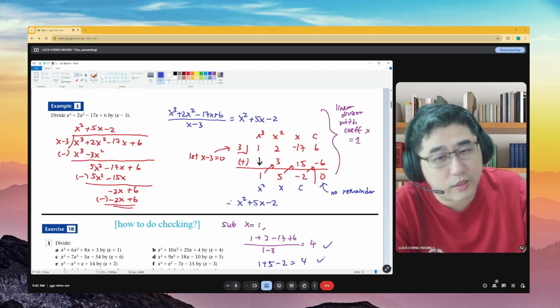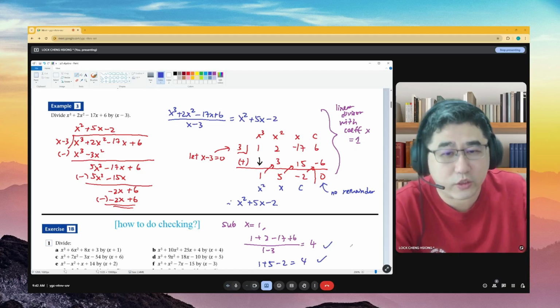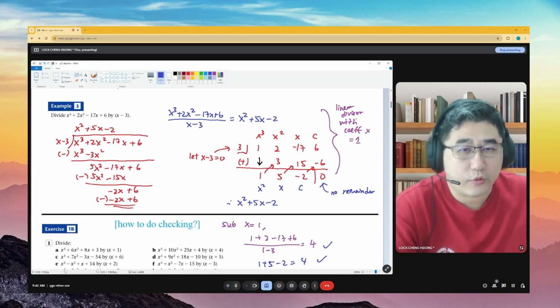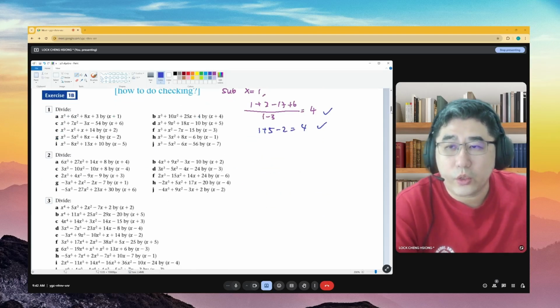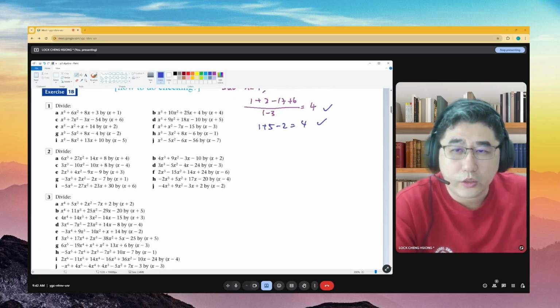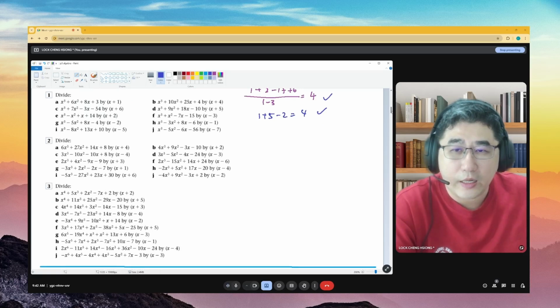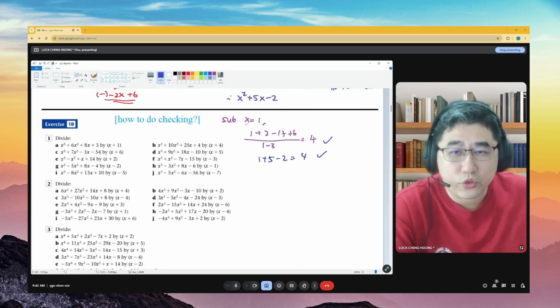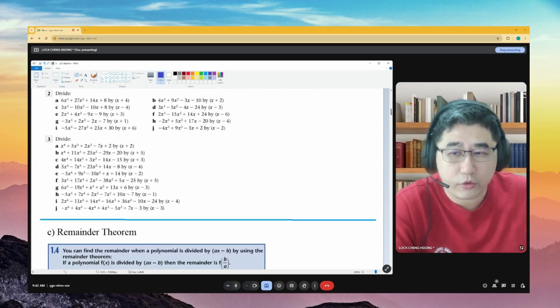You can see they are the same. So therefore you know that you actually did it correctly. So this is how we do checking. There will be exercises here that you can do for the long division. As you can see, I didn't put any answer here. This is for you to do your own checking, so you can be confident whether you did things correctly or not.